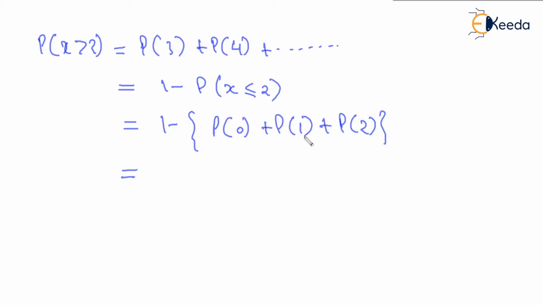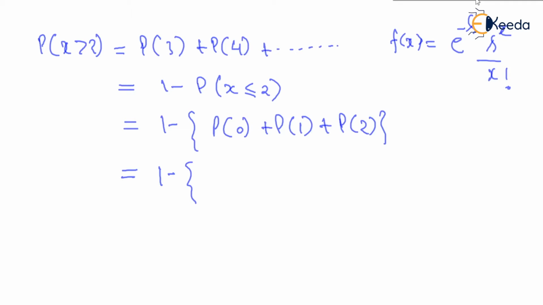And we know the expression for the density function, f of x is equal to e to the power minus lambda, lambda to the power of x, by x factorial, for x equal to 0, 1, 2.